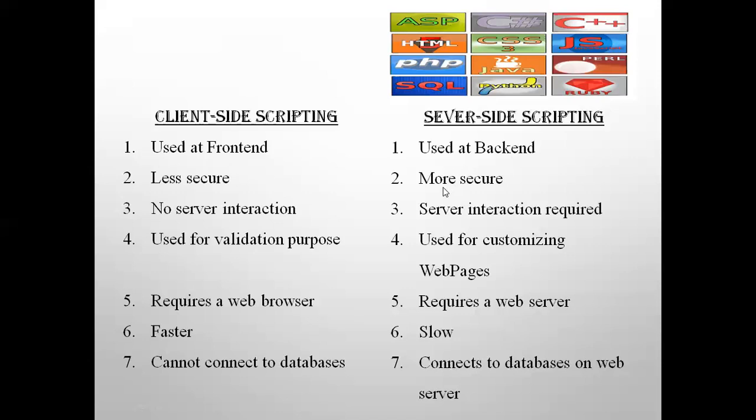Second, server side is more secure and client side is less secure. Third, server side requires server interaction, and client side requires no server interaction. Client-side scripting does not need any server interaction, whereas on the server side, when the script is processed, it communicates to the server.